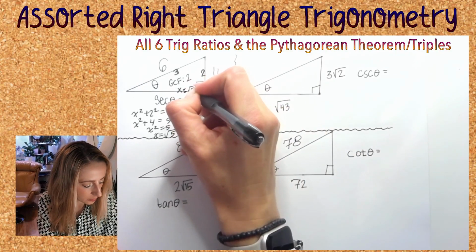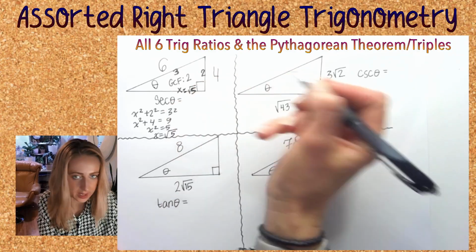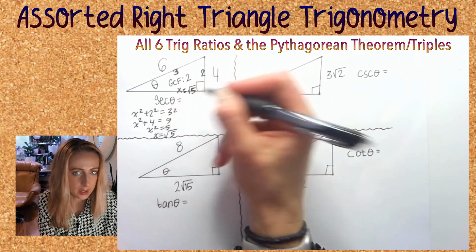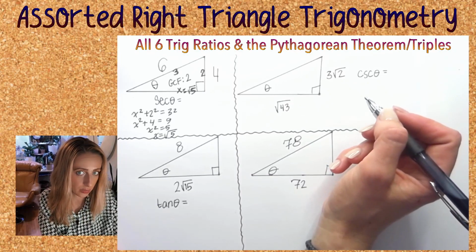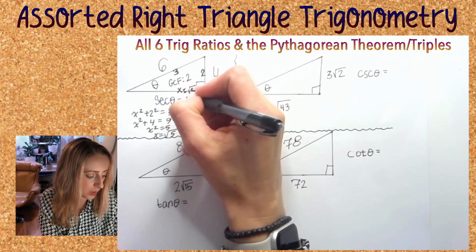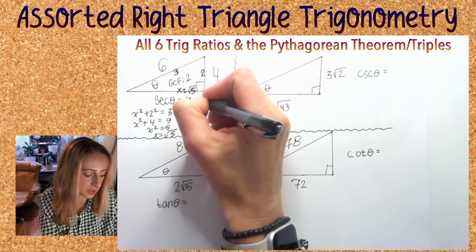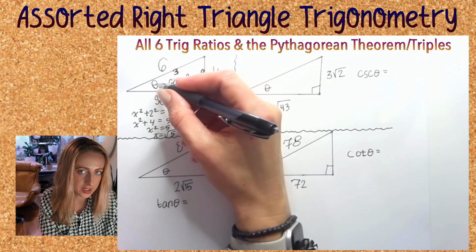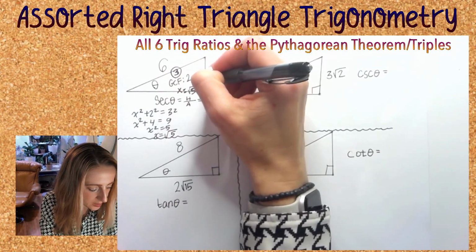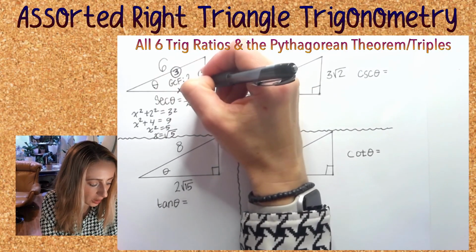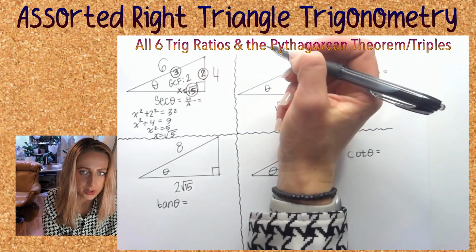Now, the question is asking for secant theta. Secant is the reciprocal of cosine. Cosine is adjacent over hypotenuse. So that means secant will be the hypotenuse over the adjacent. From here, if that's theta, if you are wise, you will just use exclusively all of the scaled down numbers.